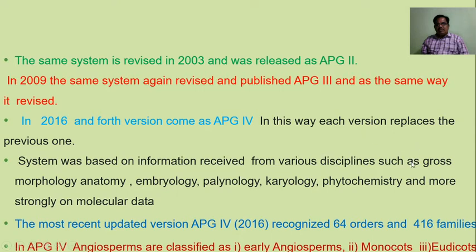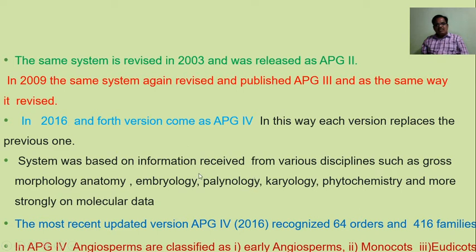You all know this word, gross morphology, that is maximum external characters are taken, gross anatomical characters are taken, and embryological characters are taken, that is the structure of the stamen, structure of carpels, then male gametophyte, female gametophyte, then embryo sac, and then development of the embryo. Everything is discussed in embryology. So such information about the plants, in view of all these characters, is taken under consideration.